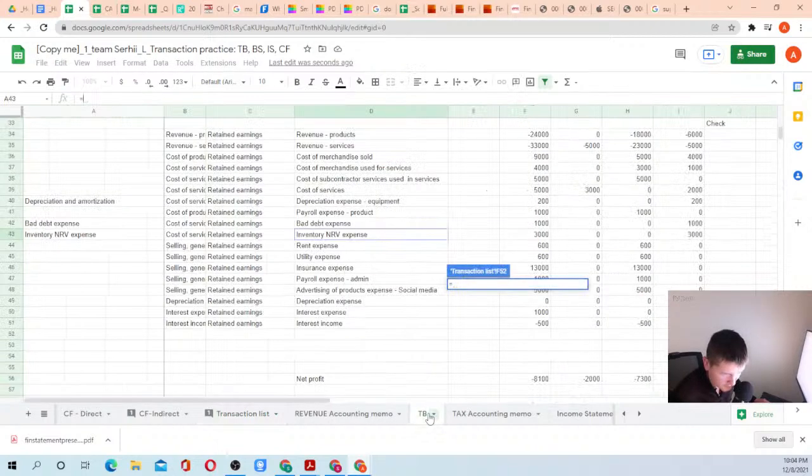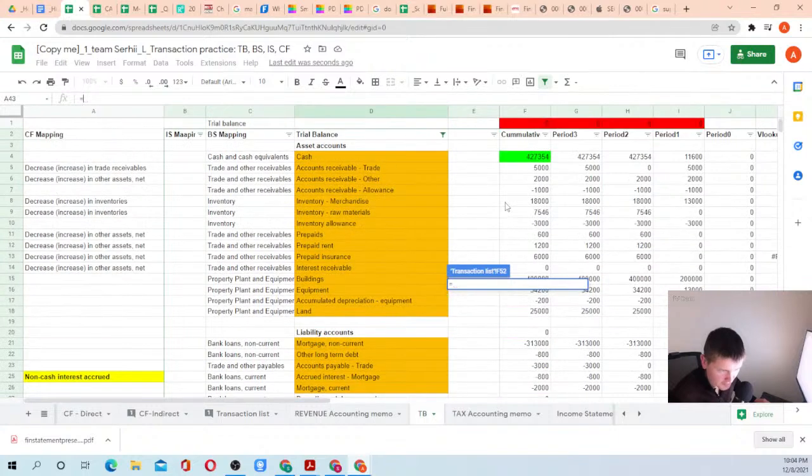Then I will basically go to the trial balance and see what I have for period 1 here. Buildings, equipment. Okay, buildings plus equipment. And I will calculate monthly depreciation. So I divide it by 5 and then divide it by 12.